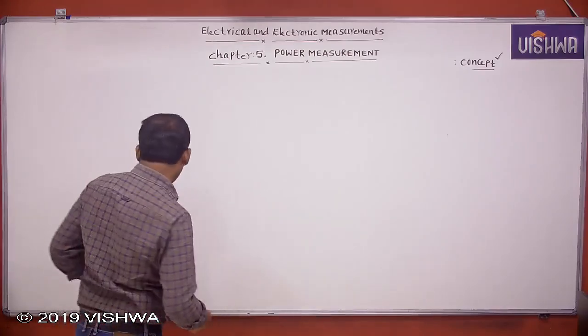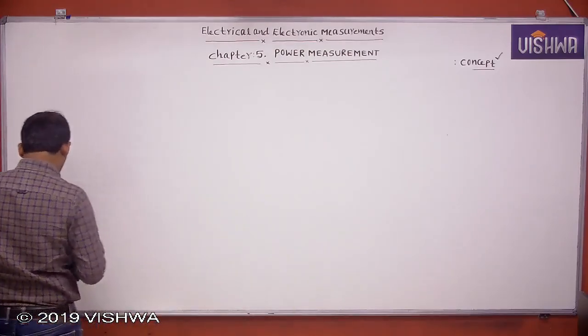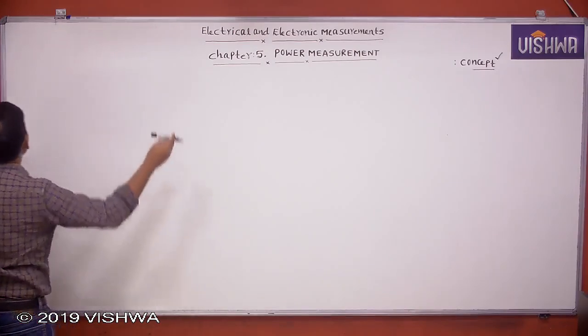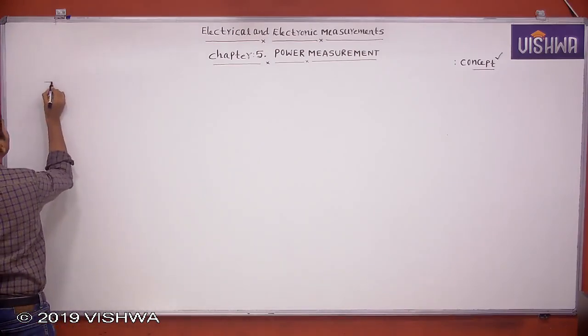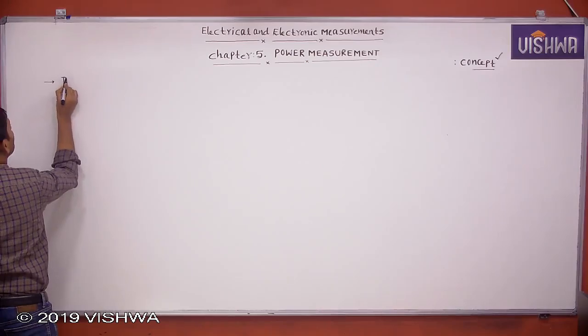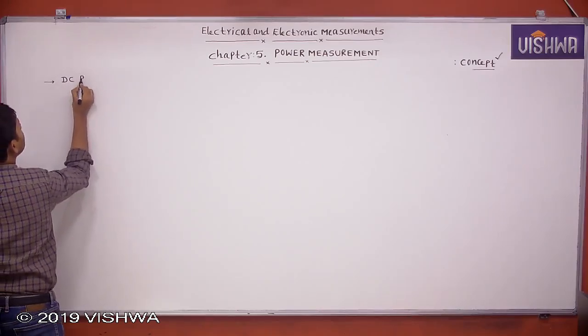Now with respect to power measurement, we have DC power measurement and AC power measurement.